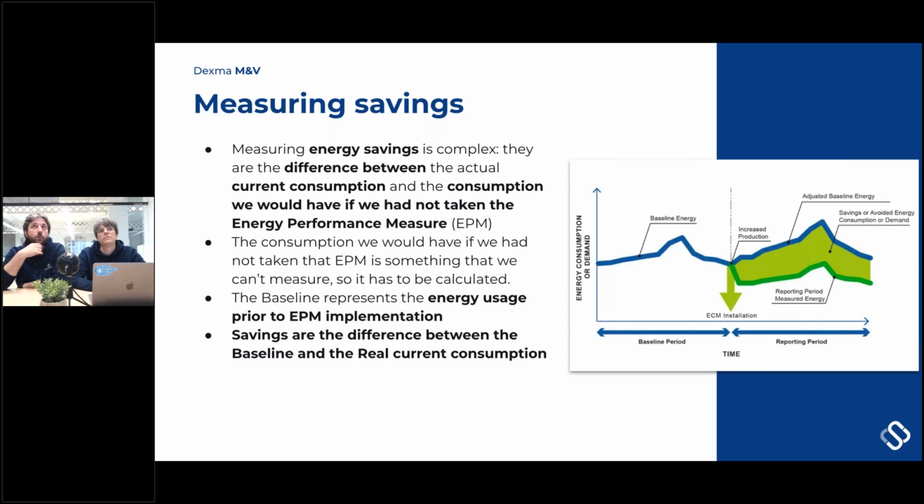And what are the savings? That green area is the difference between the baseline and the real consumption we have today. So as you see, it's not as easy as measuring. We have to calculate that baseline energy, and we will see how to do so.